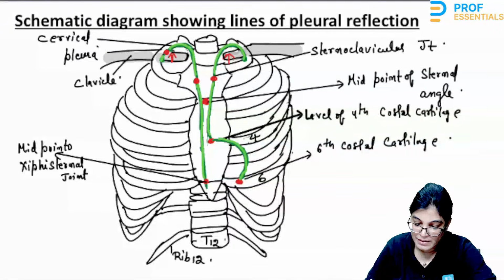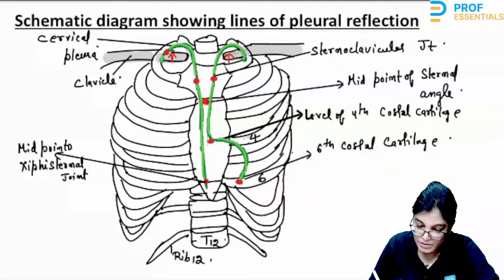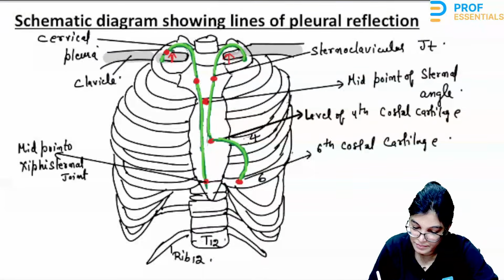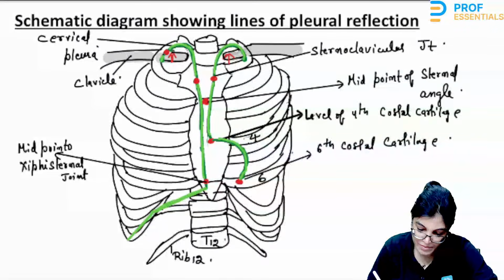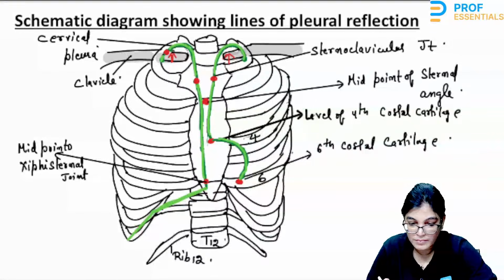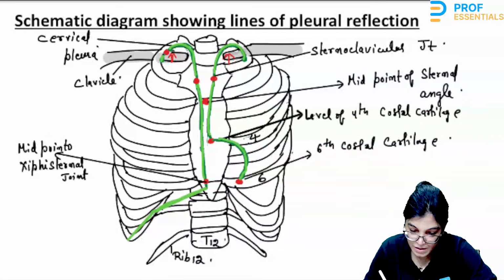So basically you have to draw a line towards the 8th rib, and then approximately you can mark this as the 10th rib, and then going towards the 12th rib like this.